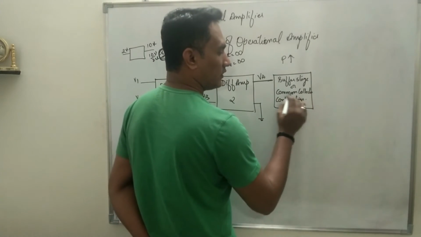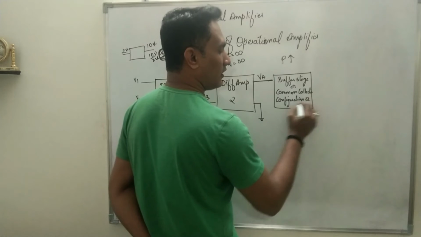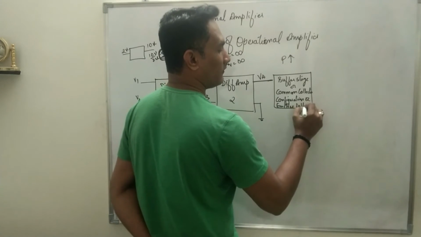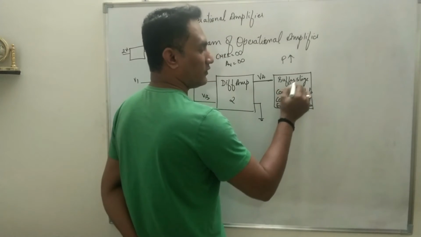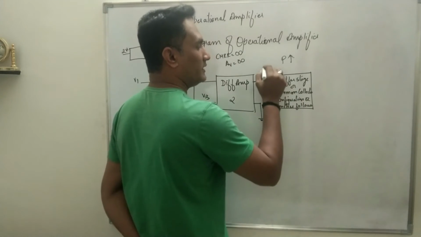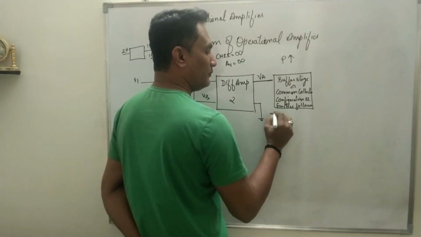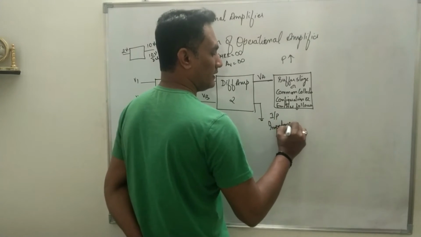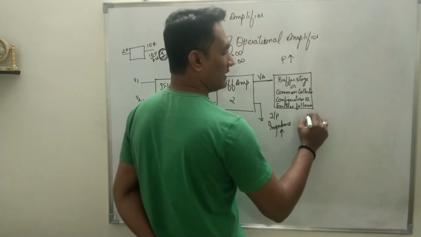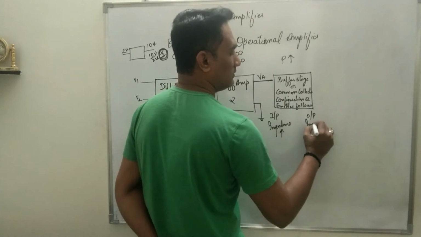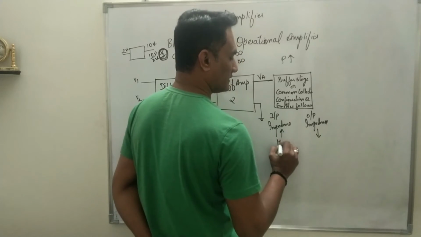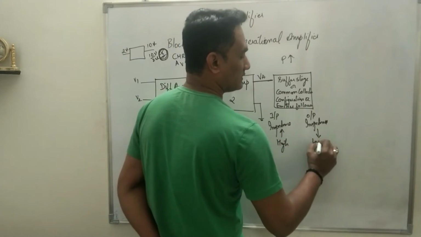This circuit is also called the common collector configuration or emitter follower. Now for this buffer stage, input impedance is very high and output impedance is low. This is high and this is low.